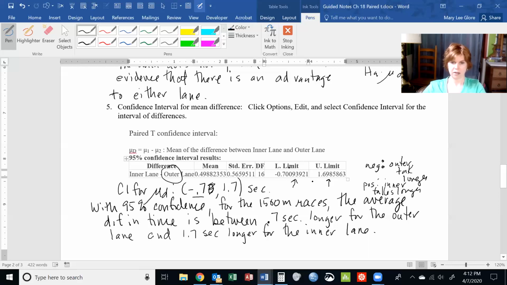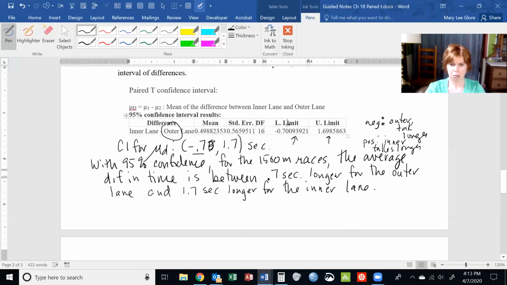Based on this confidence interval, there could be an advantage to either lane, or no advantage. So those are all the reasonable values of the difference. But if there's an advantage to either side, at most, according to our 95% confidence interval, it would be 0.7 seconds advantage for the inner, or 1.7 for the outer.